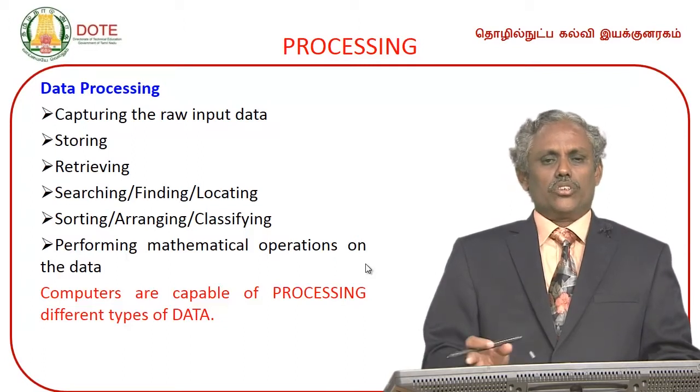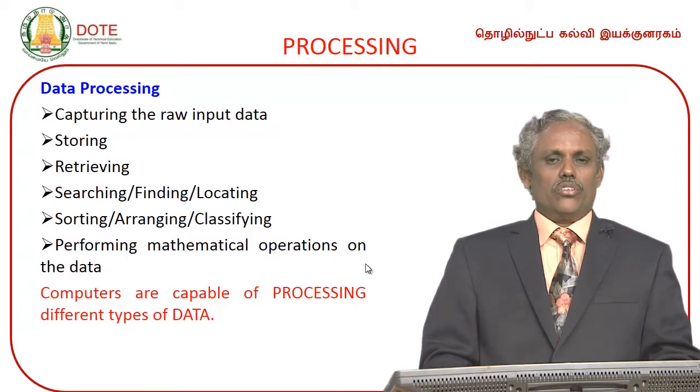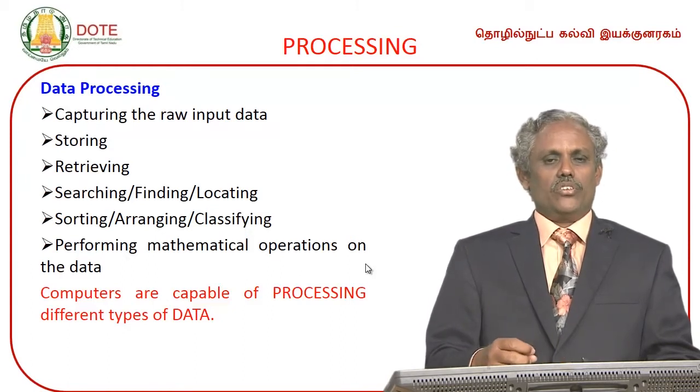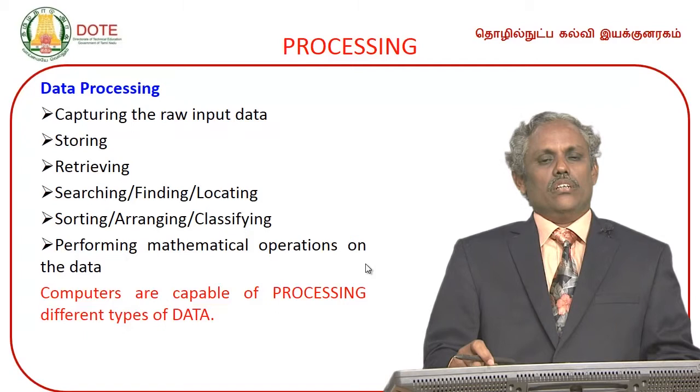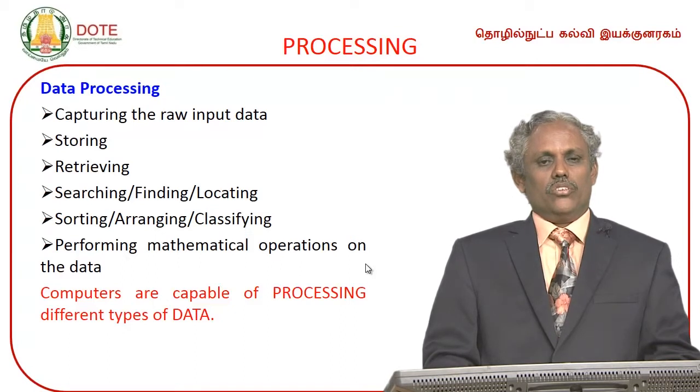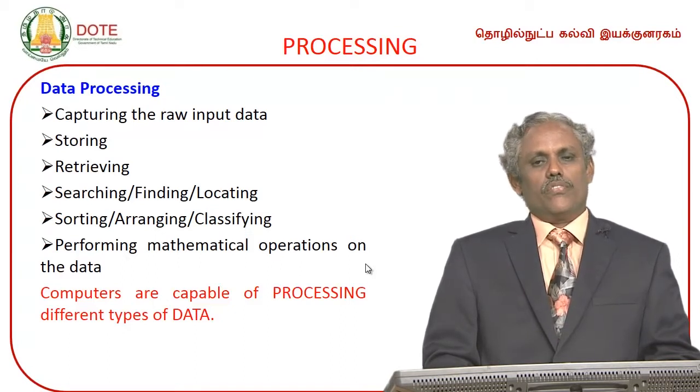These data are stored in the computer. So, it should be able to capture the given values or given data into a memory and store it, and then whenever we need, we can retrieve the data. So, these are also the process of computer systems.